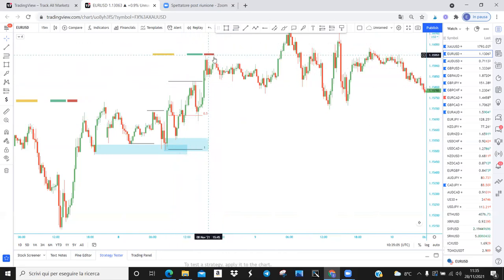And then during London close, small retracement, but that's not really what we're interested in. We're interested in the London Killzone, sorry, and the New York Killzone, in order to trade the London manipulation, and then we take a direction. We don't really need to trade the manipulation.